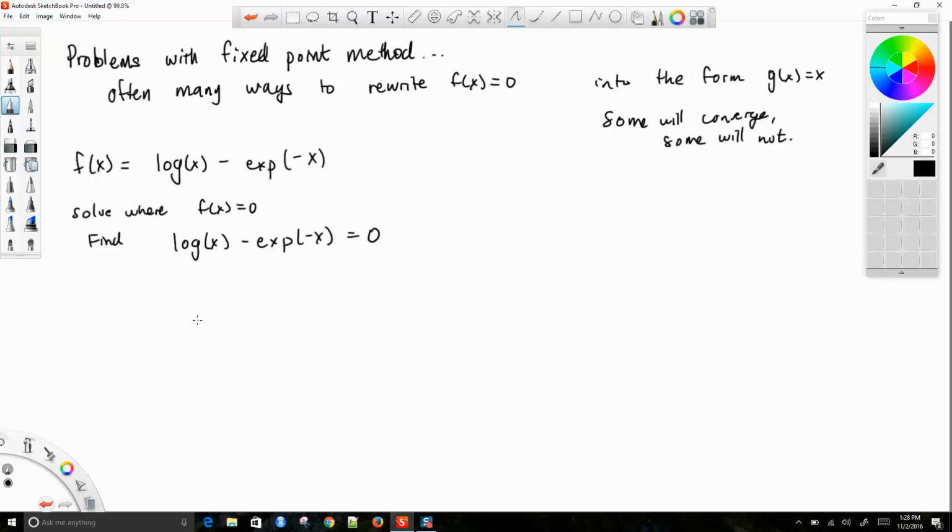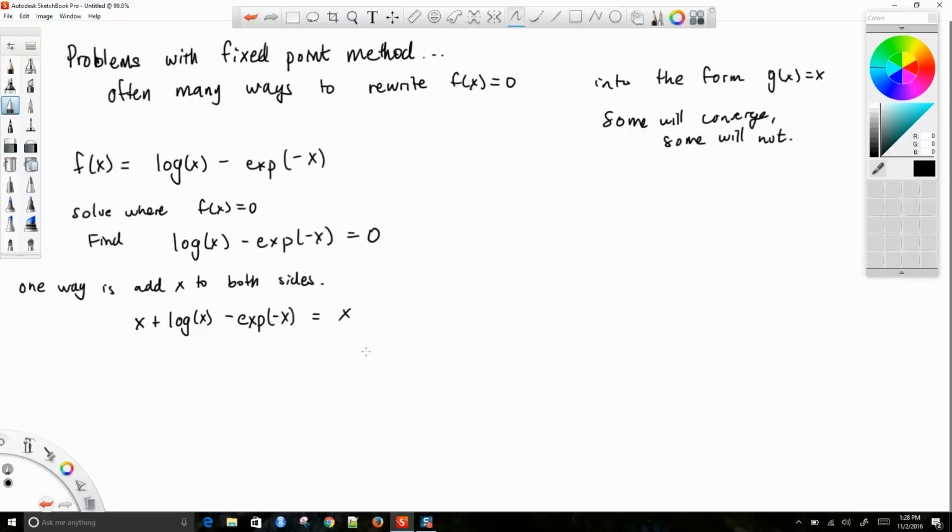So one way, and this is in the book, is add x to both sides. So here I would just do x plus log of x minus e to the negative x is equal to x.